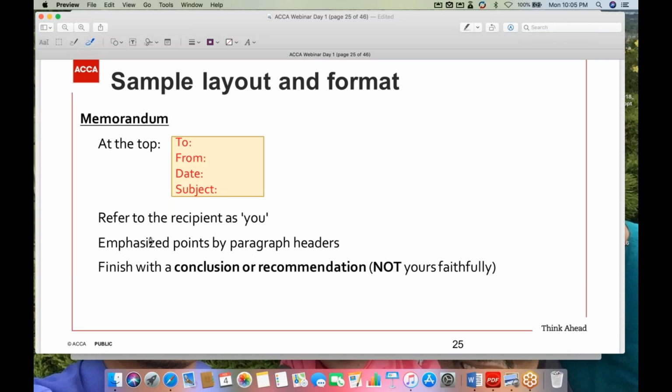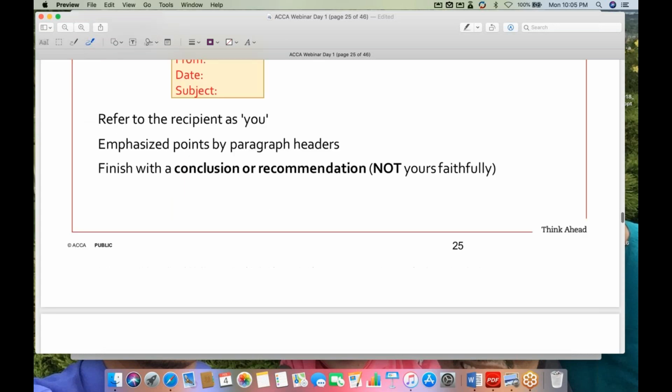And this one again depends on your requirement, like I mentioned to you just now, right? If it's similar to your report just now, if they talk about financial and non-financial that you're supposed to be discussing, then that should be your heading. You're supposed to finish with a conclusion or recommendation. Definitely it's not yours faithfully here.